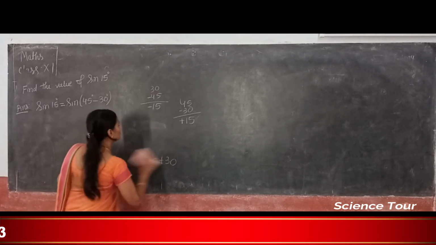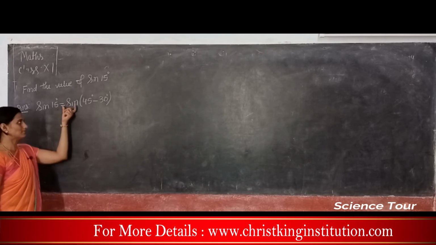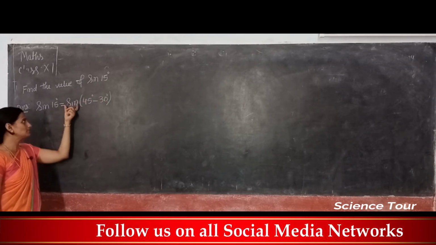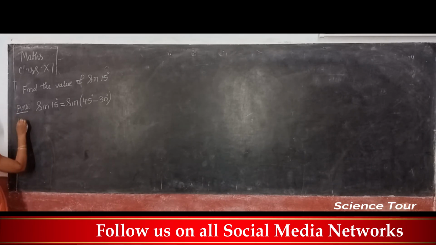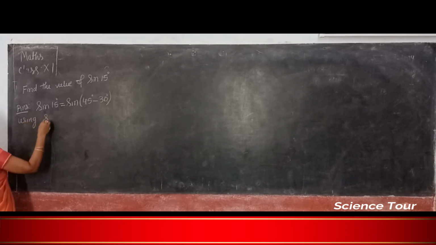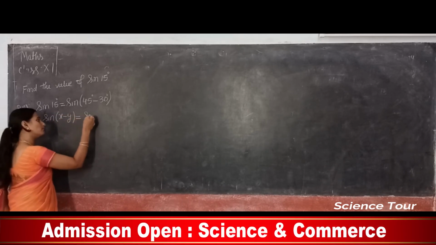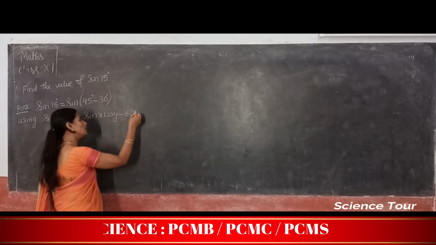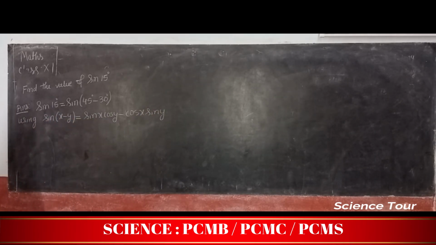Yes, 45 minus 30. So now which formula to use? Here sin of 45 minus 30 means the formula is sin x minus y, right? So using the formula sin x minus y. Sin x minus y formula is what? Sin x cos y minus cos x sin y. Let's now substitute here.